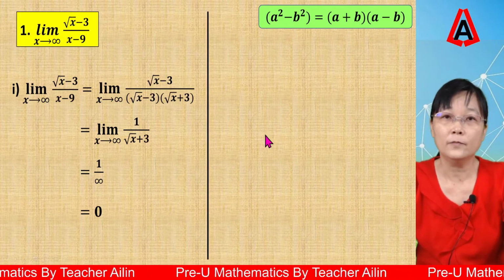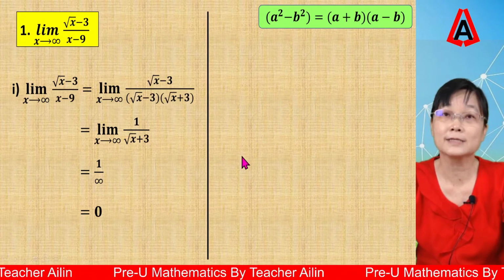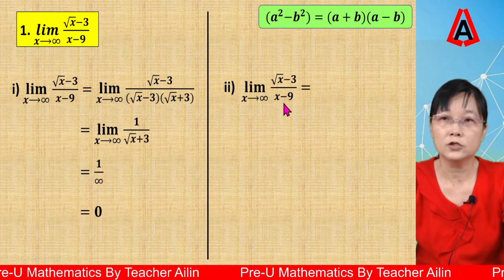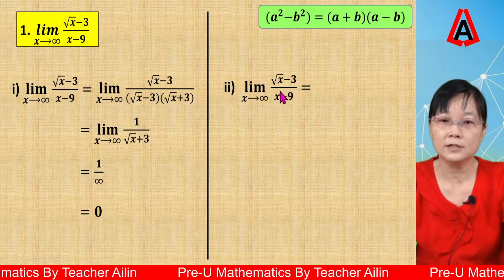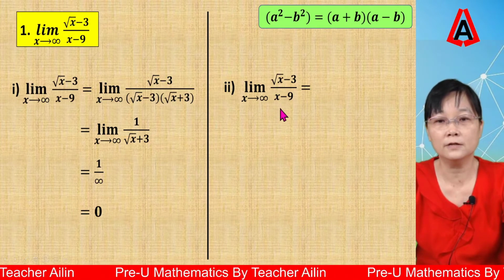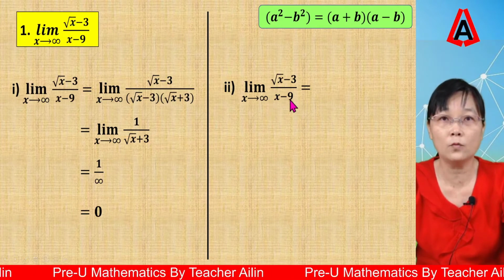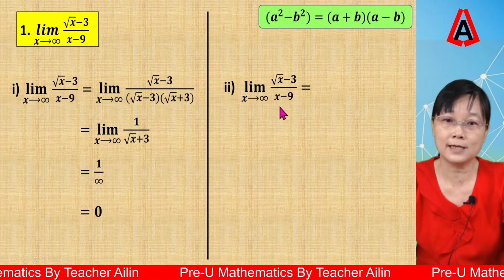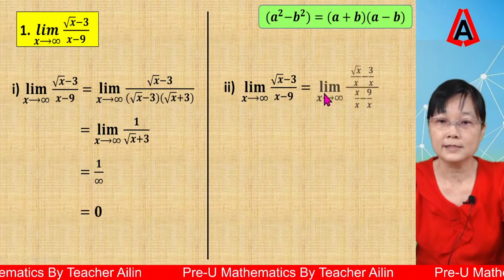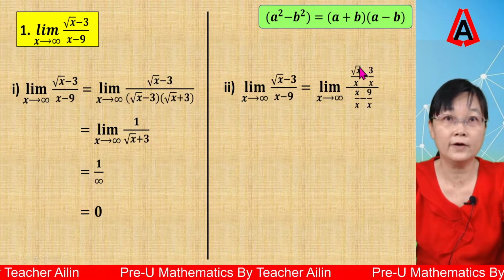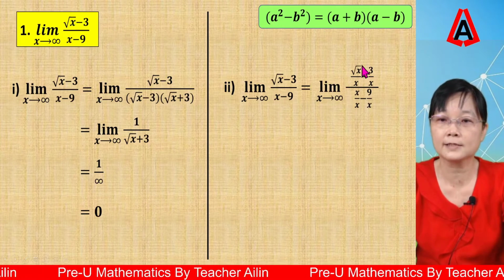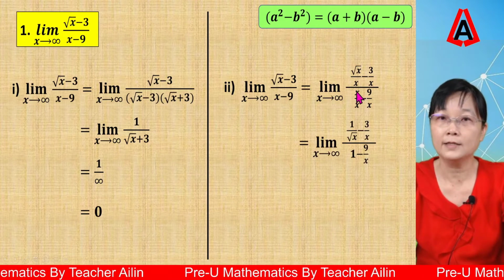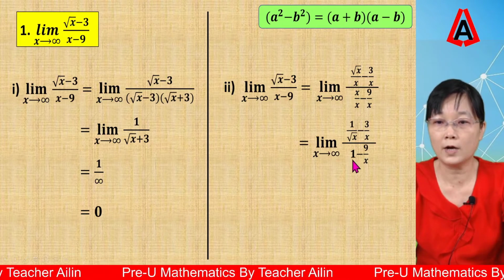Then I try to use another method. This time I'm going to divide each term in this function by the highest power of x of the denominator, that is x. So I divide each term by x. When I simplify, I get this: x divided by x is 1.